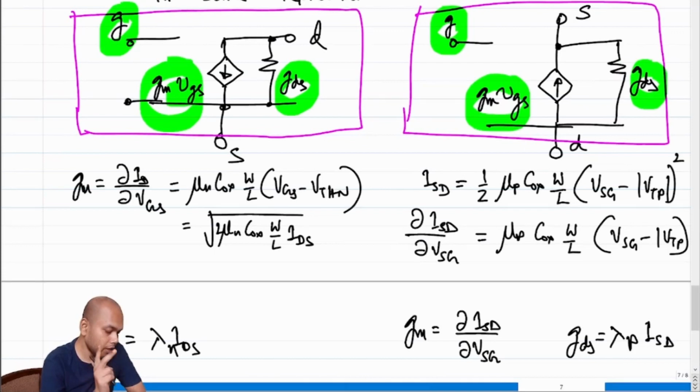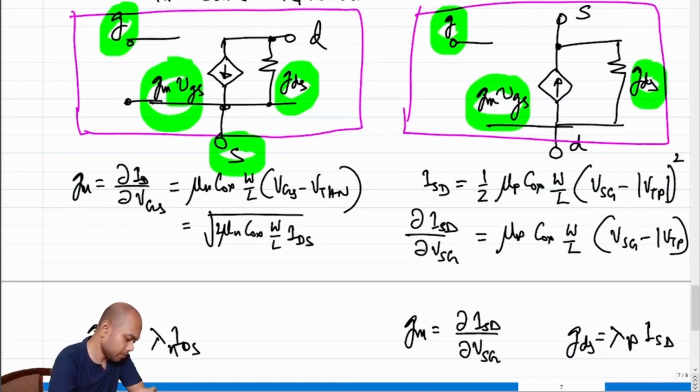There are two important distinctions, right? The important distinctions are that the source and the drain terminals we have expressed the other way around. In case of an NMOSFET, the source terminal was at the bottom.